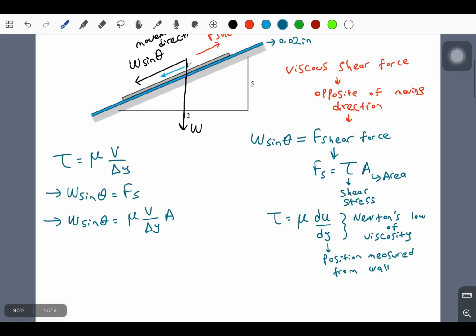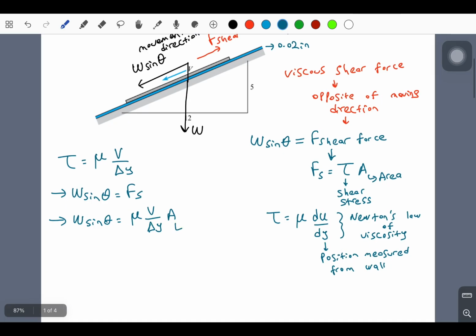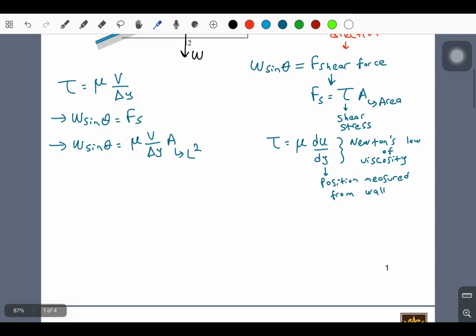And in our case, the area is actually L squared, where L is the dimension of the board, which is 3 feet. So this is our main formula.